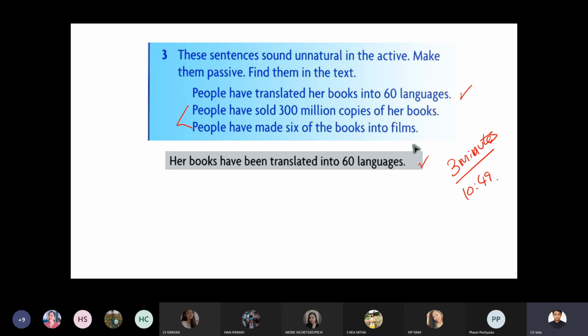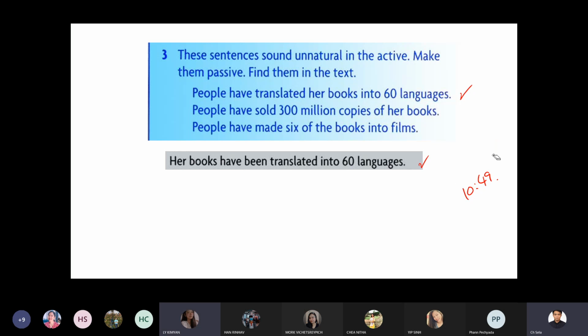All right, now time is up. Let's check, and I want a volunteer for number 2. Anyone volunteer to try? Okay, please help me. Please don't worry about the mistake, all right? Because now you are learning. Okay, please. Okay, Kamyan, I see your microphone on, please.